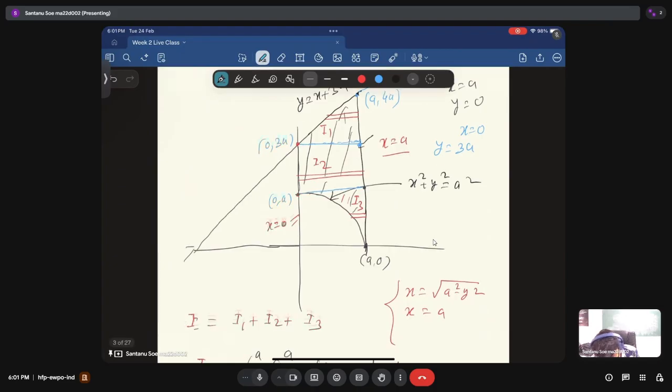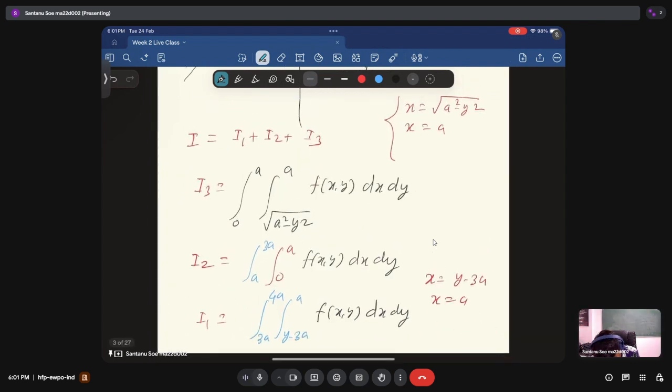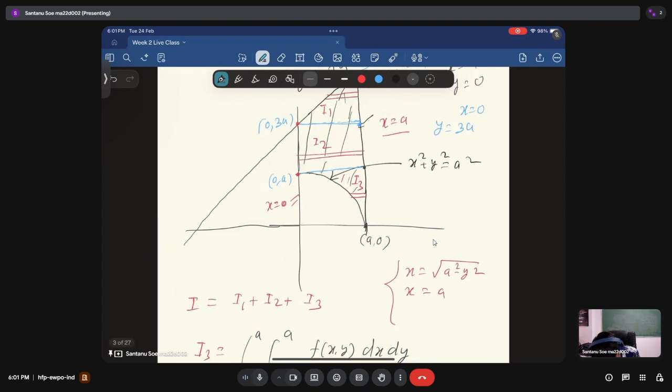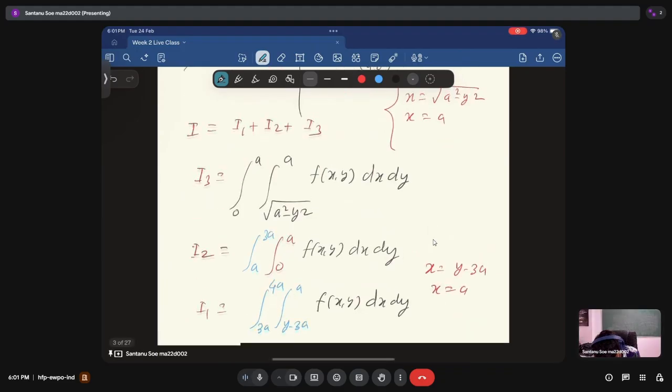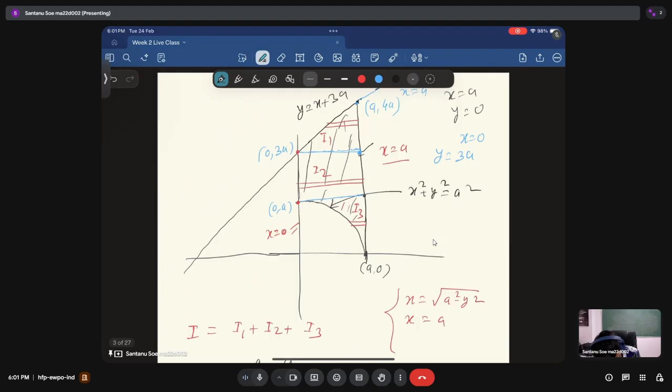In I3, the integration is from x equals to square root of a square minus y square to a, because this strip is going from the circle to the line x equals to a. So the limit will be square root of a square minus y square to a, and the limit of y will be from 0 to a, because this is the point 0 comma 0, and this is the line x equals to a.